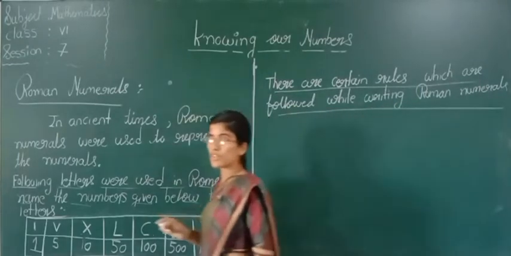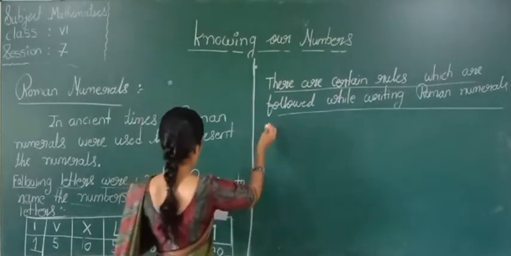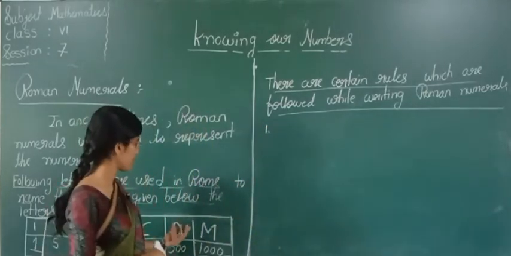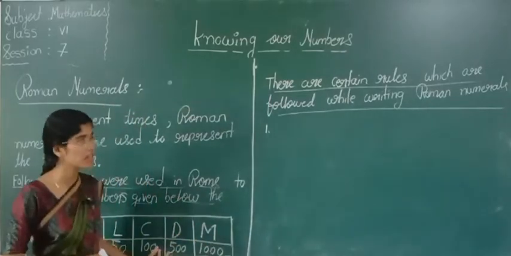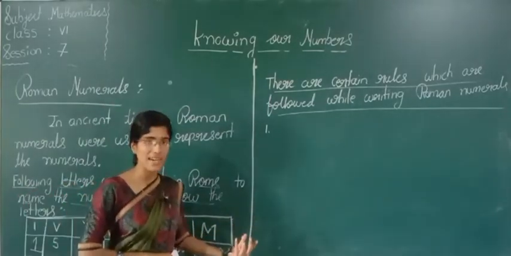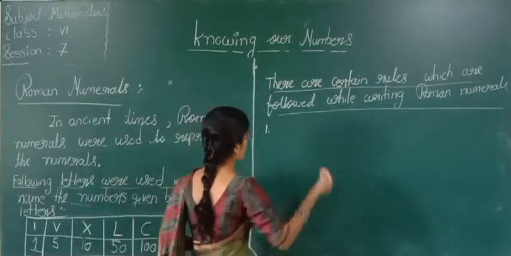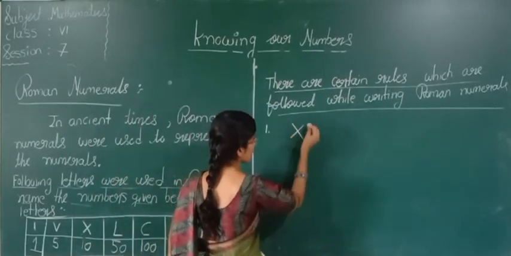The first rule is that if a symbol is repeated, its value is added as many times as it occurs. Here this symbol is repeating, right?